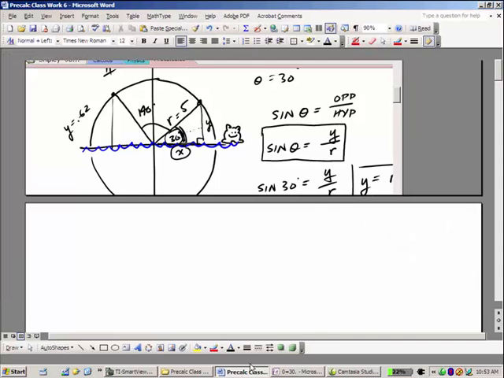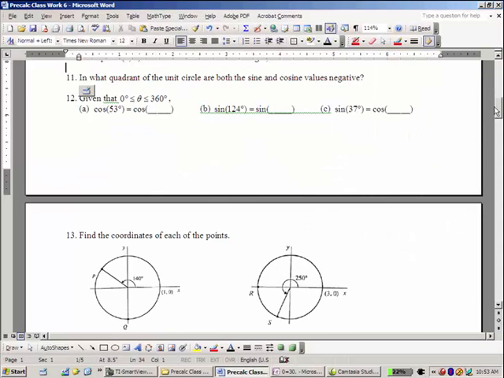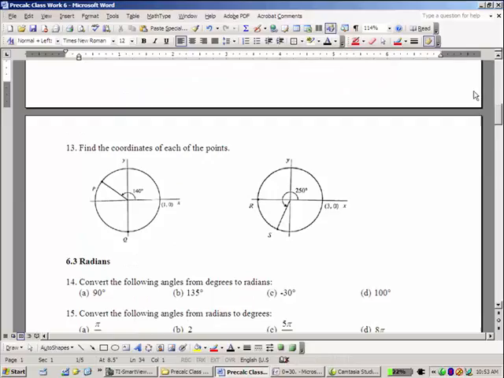So if I were to take a look at this problem from the classwork, number 13, it asks me to find the coordinates of the point.